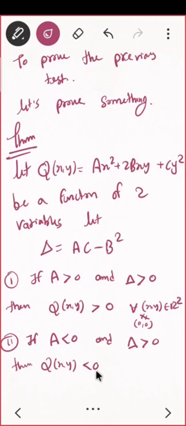By looking at this A and delta, like the discriminant in the quadratic case, you are able to decide the sign of the whole function q of xy. It is less than 0 for all x comma y belonging to R2, definitely not equal to (0, 0).